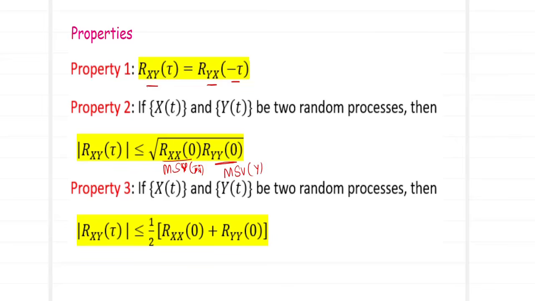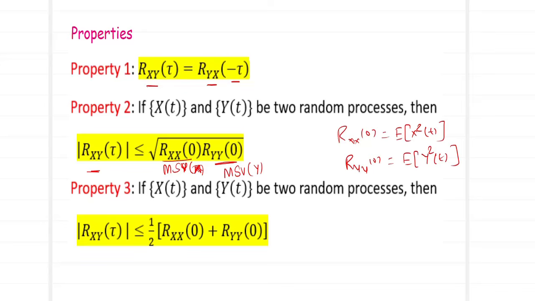So Rxx of 0 is nothing but the expected value of x square of t, and Ryy of 0 is nothing but the expected value of y square of t. So what happens over here? When we compute the product of the mean square values and then take the square root, this will always be greater than the cross correlation's value.